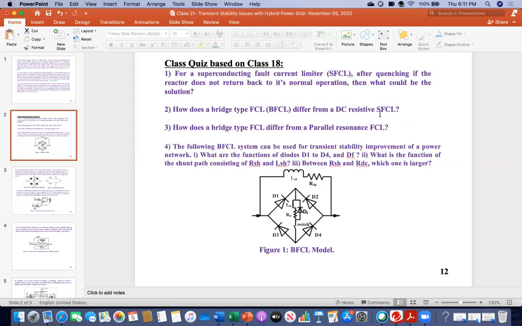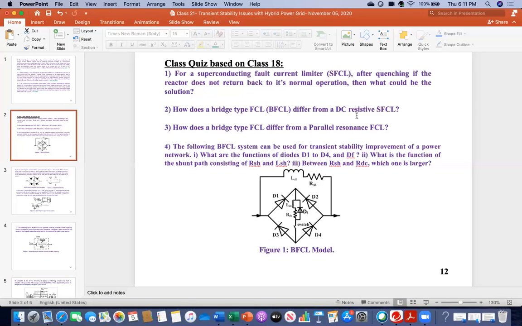You see, by the term, it is still the SFCL. For the first term, it is the normal SFCL, not the DC resistive type or any other type. It is the conventional one. There is no DC system, fully AC based. But here, it is DC resistive, meaning that there is a DC path with the help of that diode system.